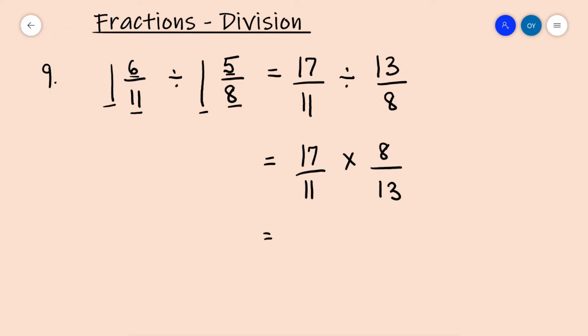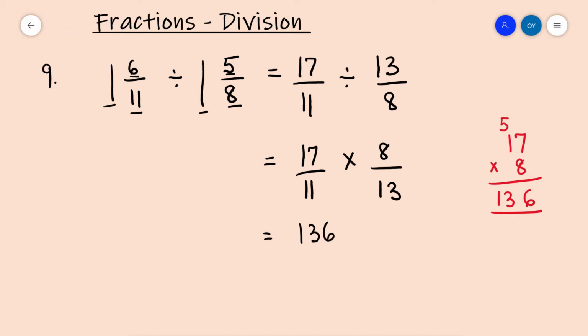Here we note that three numbers here, 17, 11, and 13, are prime numbers. So there would not be any common factor. So we multiply the numbers. How? 17 times 8. So 8 times 7, 56, 6 carry 5, 8 times 1, 8 plus 5, 13. So that is 136.